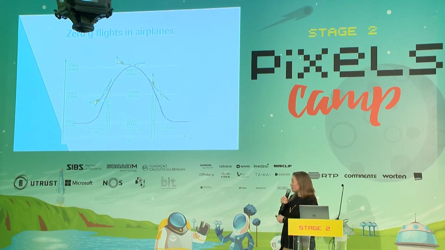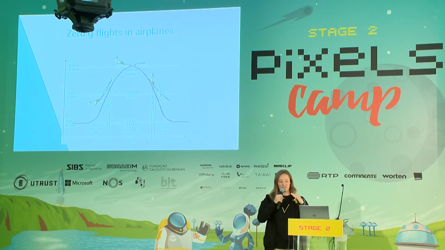And then once you come to this point, the pilots turn off the engine. And they are able to maneuver the plane so that only the gravity force affects the airplane. So basically they tilt the plane at an angle so that it counteracts the drag and all the other forces that are exerted on the plane.